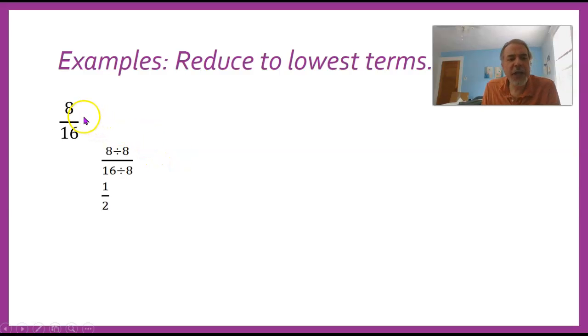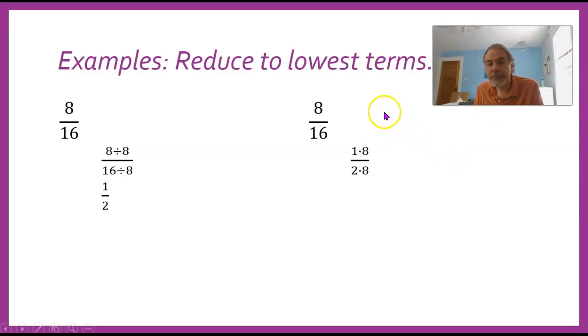Now, another way of looking at what was going on here, instead of writing it in terms of division with the divided by sign, we can think, okay, 8 is equal to 1 times 8. We can factor it like that. And 16 is equal to 2 times 8. So they both have that common factor of 8. They're both 8 times something else. And if we cancel out the 8's, which is really just dividing by 8.